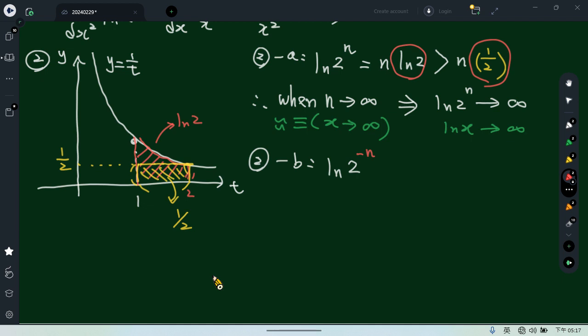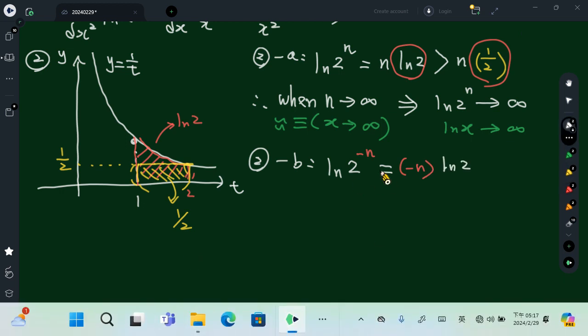Then as n increases, we can estimate the result when x is approaching 0. We can regard this as minus n times ln 2.